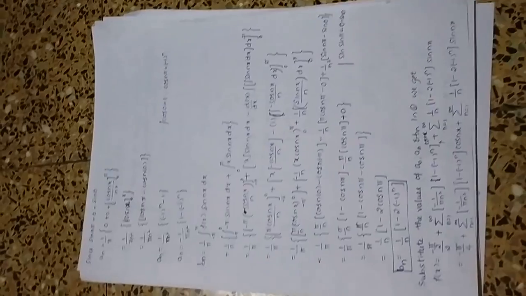X into integration of cos nx, which is sin nx by n, from 0 to pi, minus 1, the derivative of x, into 1 by n into integration of sin nx, which is minus cos nx by n, between the limits 0 to pi.